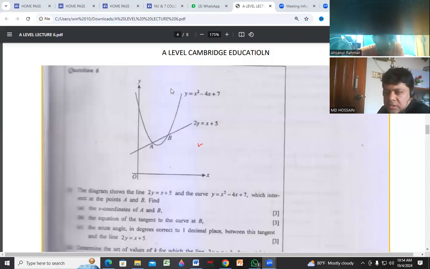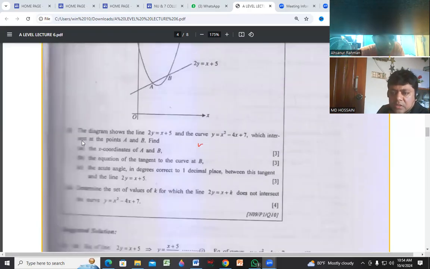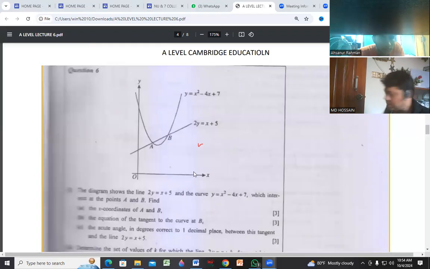Okay, so sir, this is the question. Look at this. This is the question, and this graph has been given in the question. Under this picture, it says question 6. The diagram shows the line.